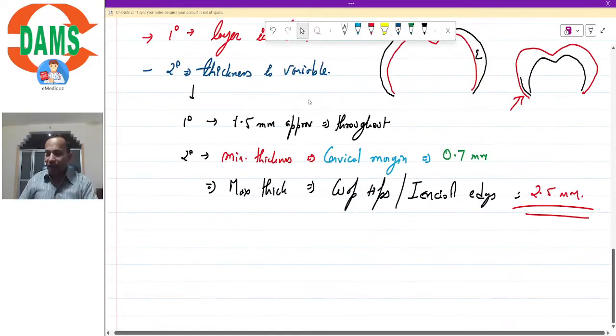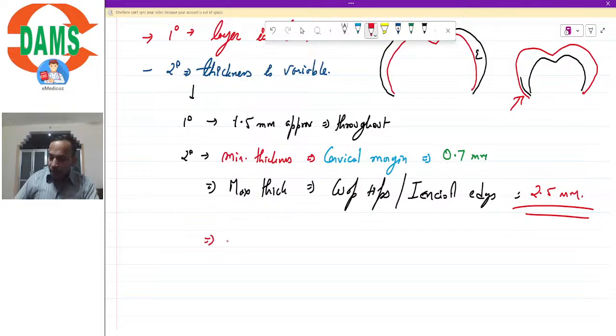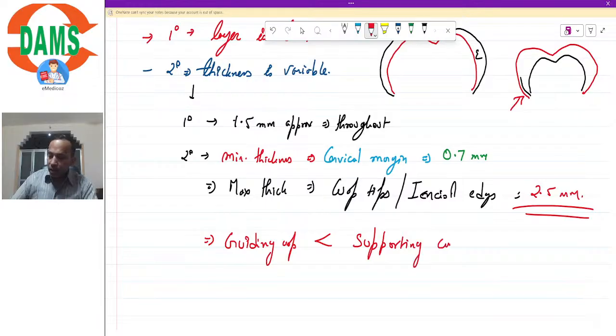Also, we have studied in one of the classes where we talked about the properties of enamel, that the guiding cusp has lesser thickness of enamel as compared to the supporting cusp, right? So supporting cusp has greater thickness of enamel, and that is true for both primary and permanent.